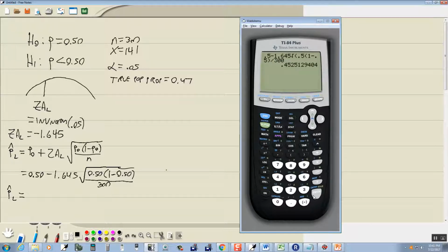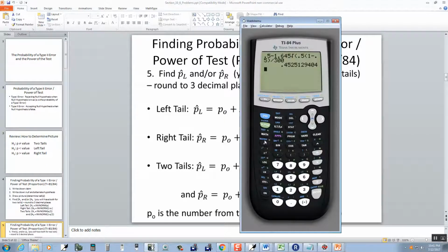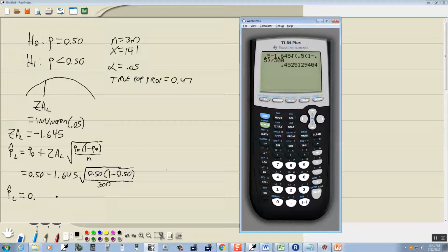Now, always very important on these that you pay attention to what it says decimal-wise. It says round to 3 decimal places. So this is going to be 0.453.